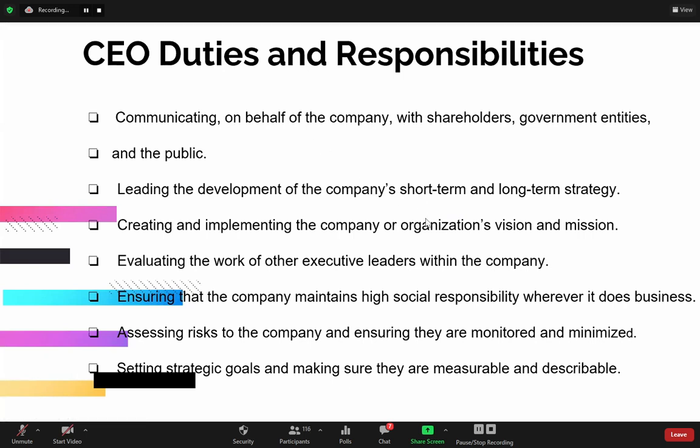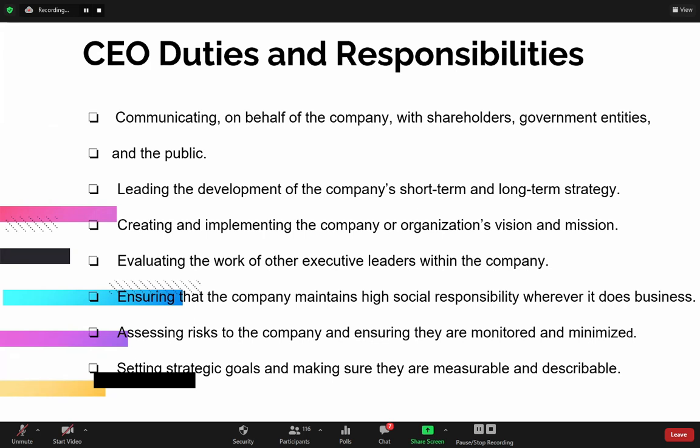Okay, I'm Lorna and I'm going to take you through CEO duties and responsibilities. A CEO's roles vary from one company to another depending on the company's size, culture, and corporate structure.